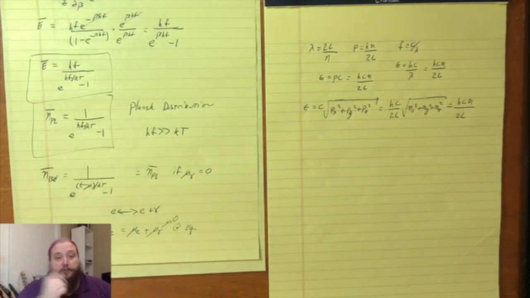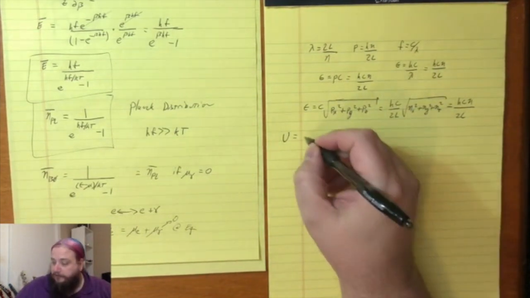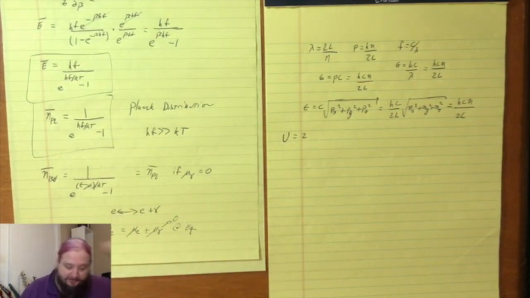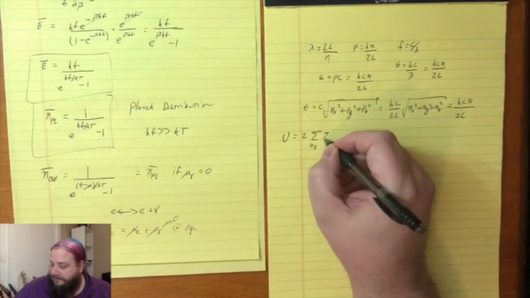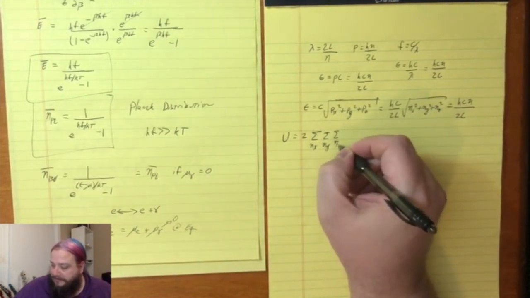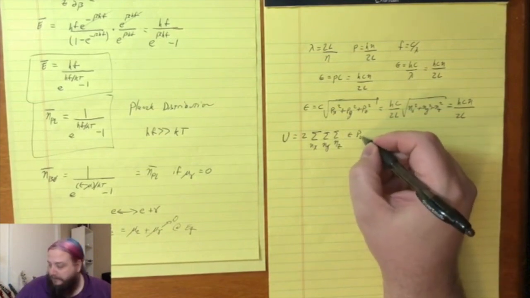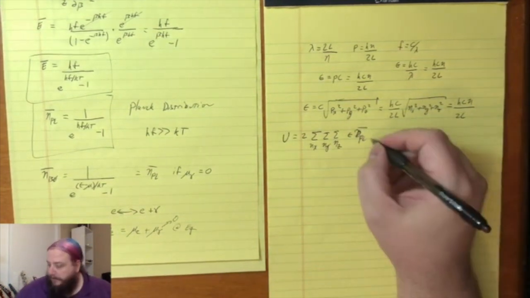And so if, for instance, we wanted to calculate the thermal energy, well, again, there's two states, two polarizations, equivalently two spins for each mode. With EM radiation, we usually think of these as polarizations, and then we would sum over all the nx, ny, and nz, the energy times the Planck distribution at that energy.